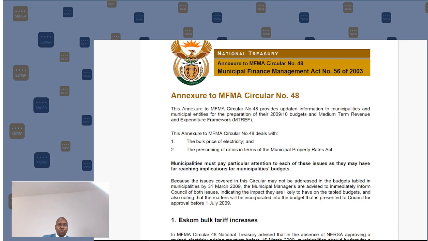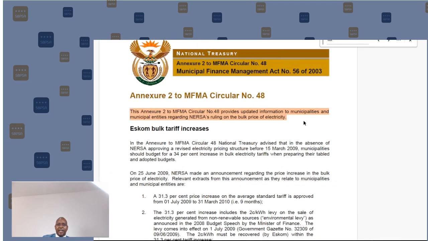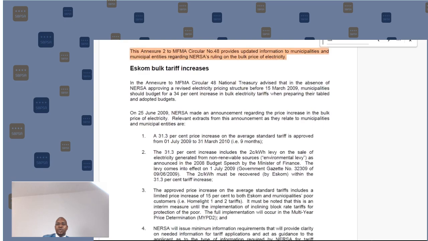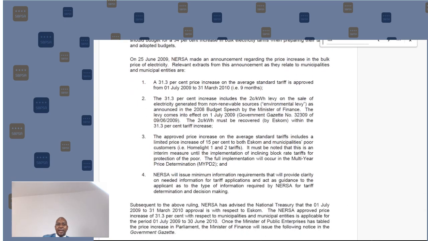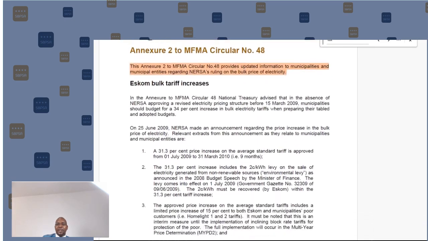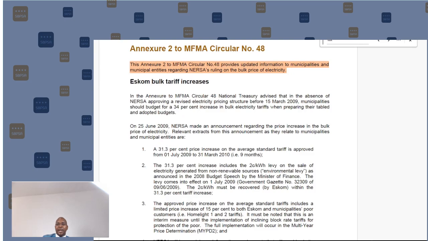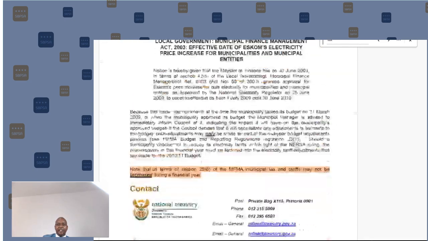Then we go to O, that is the second annexure. This annexure, annexure 2 to MFMA circular 48, provides updated information to municipalities and municipal entities regarding the NERSA ruling on the bulk price of electricity, which is the bigger part of circular number 48, and the time frames to the MFPFA and section 12 of the MFPFA, it's not dealt with here.